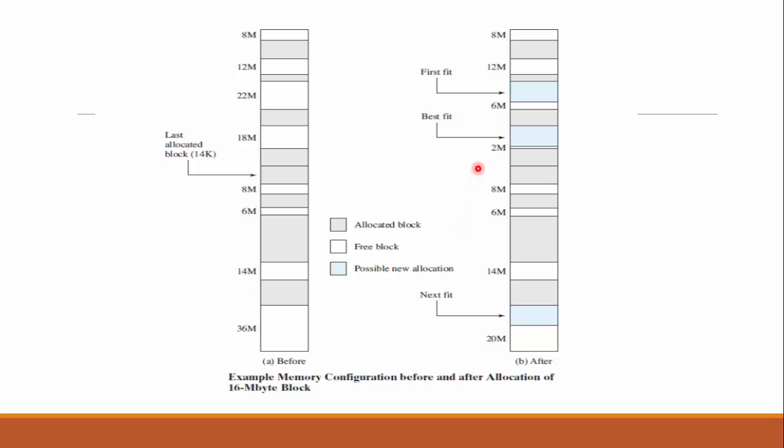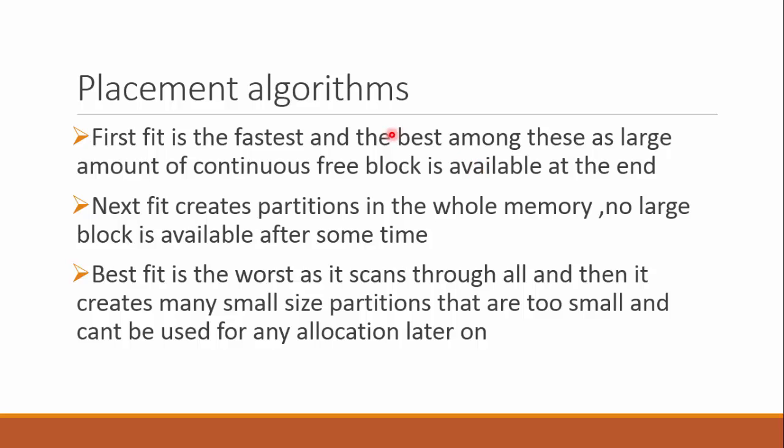Okay, so as per the simplicity you can think, right, that the first fit is the fastest, and, you may not believe, the best among these, as a large amount of continuous free block is available at the end.